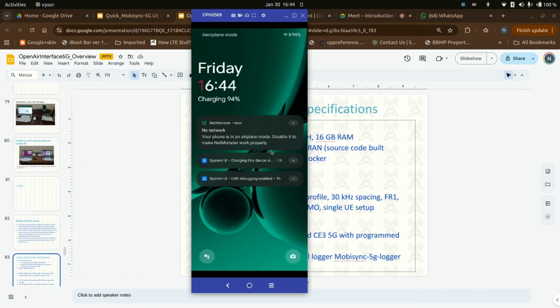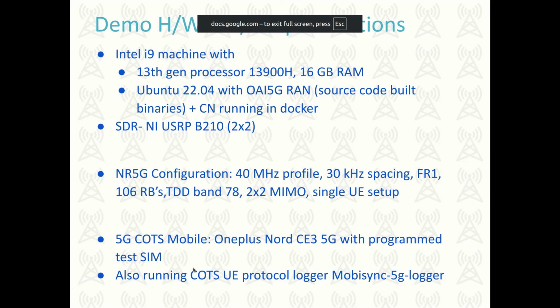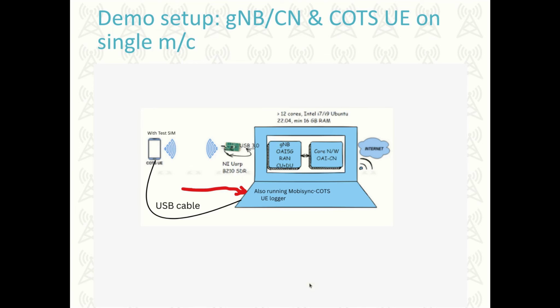I'm showing it through the visualizer. And additionally, I am running a COTS UE protocol logger, which is developed in-house by us. So this is the overall demo setup. Let me know if you have any questions on this setup.